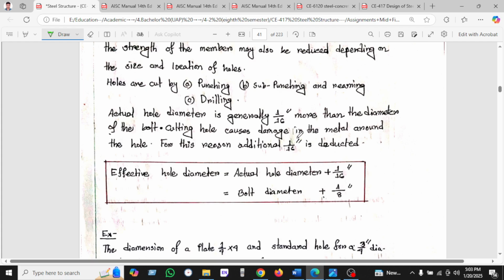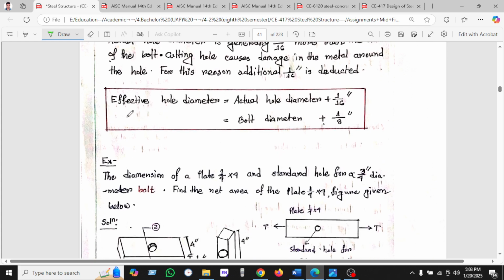Bolt cutting causes damage in the material around the hole, so for this region we add 1/16 as a deduction. So we know the effective hole diameter is the actual hole diameter plus 1/16. When we see the bolt diameter, then we add 1/8. This we have to keep in mind.